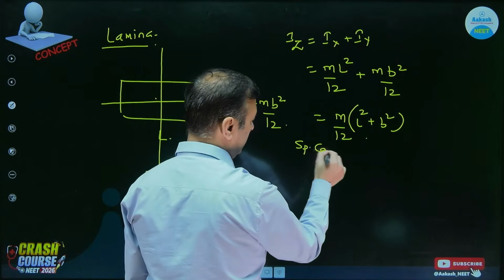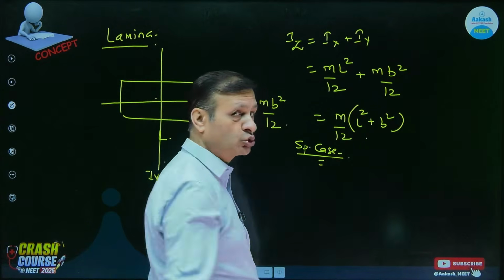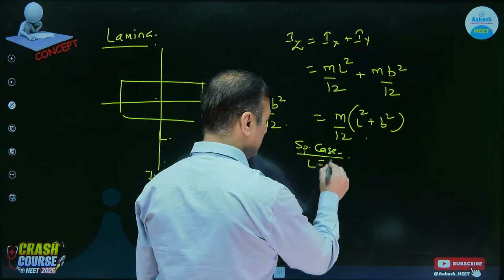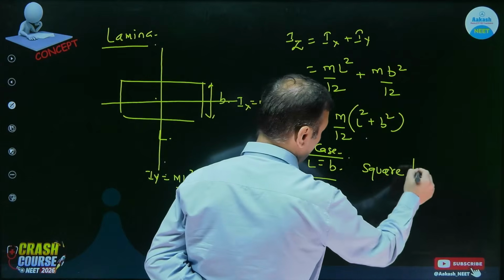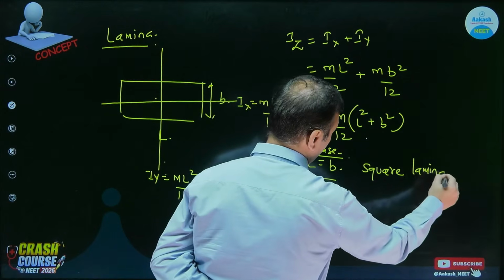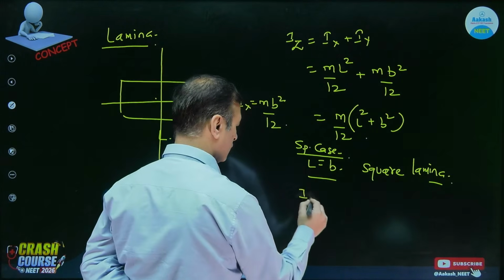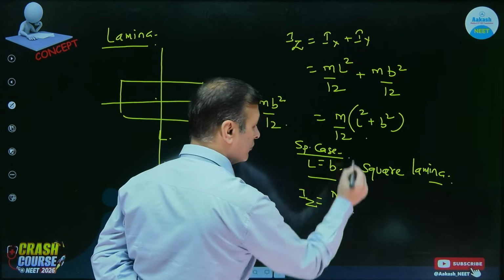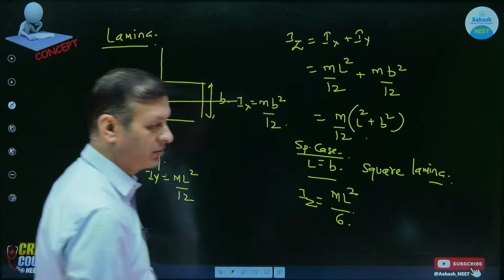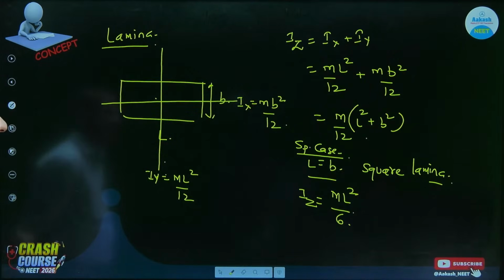Suppose I have a special case of a square lamina where L is equal to B, so this becomes ml square by 6. Got it or not?